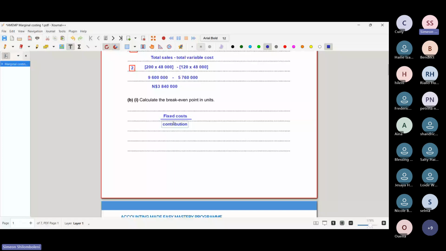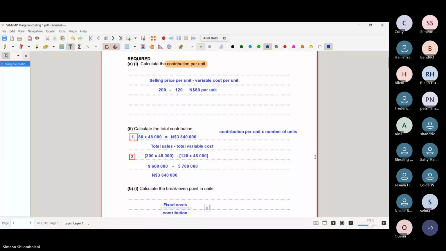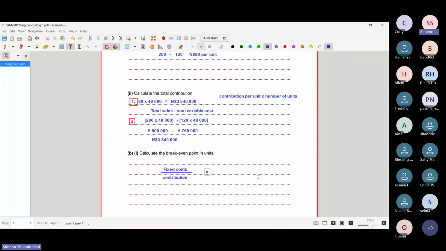It's also correct. And you are going to get our fixed cost for this question is 96,000. Oh, okay, it's per unit. I was scared it was going to give decimals. This is actually contribution per unit. Let me just specify it here. Per unit, not just contribution. Because if you divide with the total contribution, just remember you are dividing with millions and you'll get decimals.